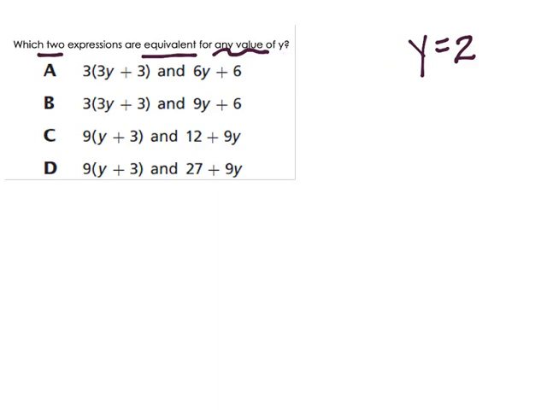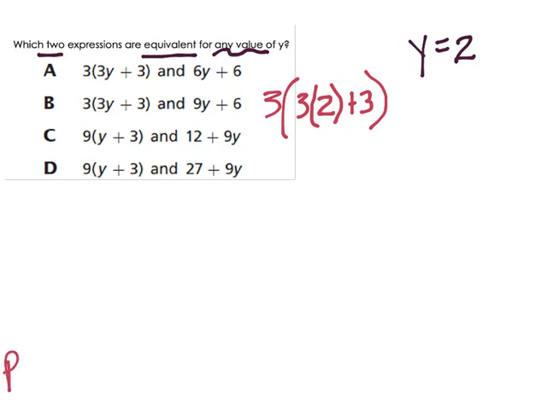If we have 3 times 3y plus 3 and 6y plus 6, I need to first rewrite both of these expressions using substitution. So if I have 3 parentheses 3 times y, which I'm substituting with 2, plus 3 close parentheses, now I can evaluate based on order of operations.